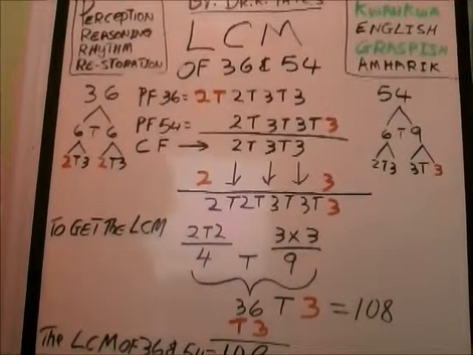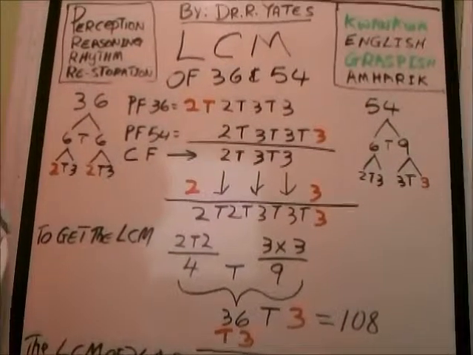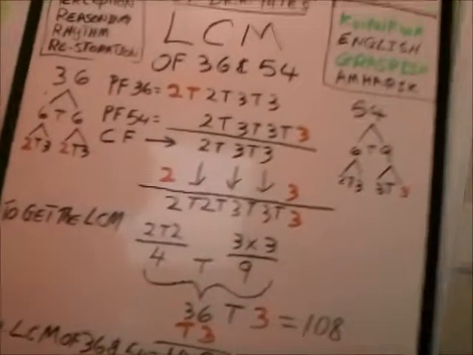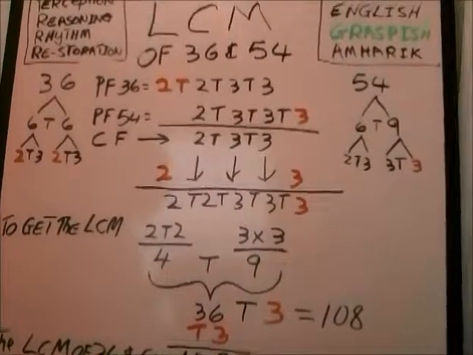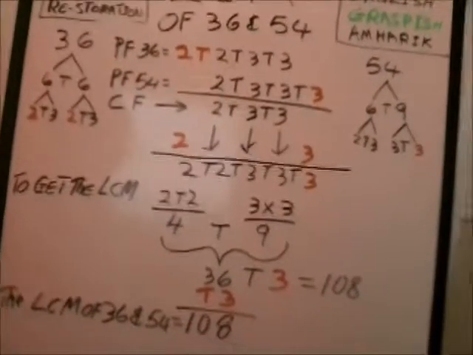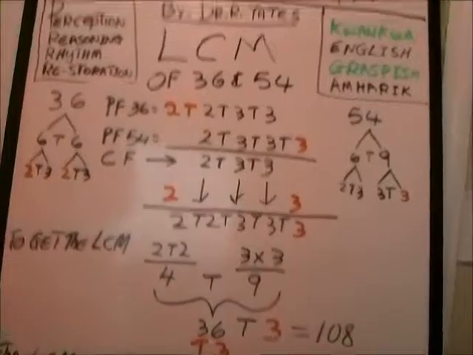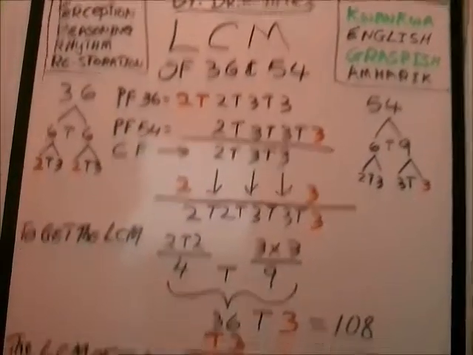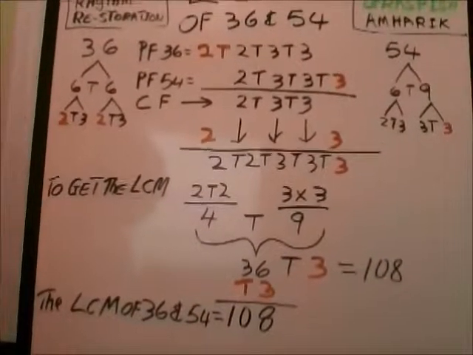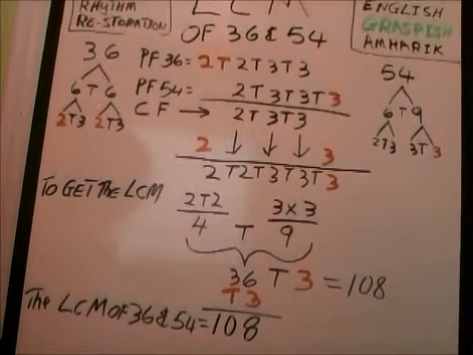So I now make my denominators, I multiply them and I get 36. By getting a 36, I now have to bring down my 3. You see that? I bring down the 3 because that was the remainder. That's why it's in red.